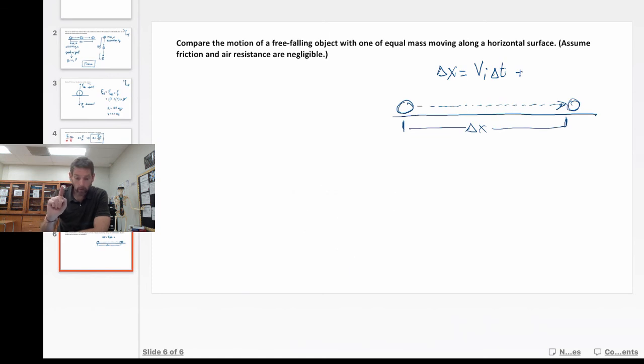Plus, we find out that if we add in 1/2 of the acceleration times time squared. And again, in another video, I explained how we get this equation. Right now, we're just using it. But the time is going to have to be squared if you think about it, because if we look at acceleration right here, right?